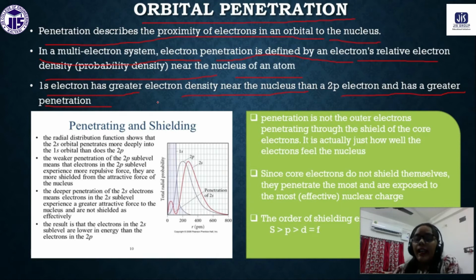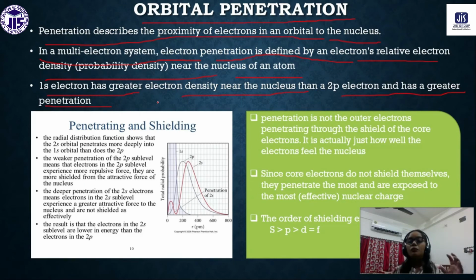The electrons are revolving in the s orbital, in the p orbital, in the d orbital, or they can revolve in the f orbital. Now, how much these electrons are interacting with the nucleus, how much is the proximity of this electron density to the nucleus, this is called orbital penetration.